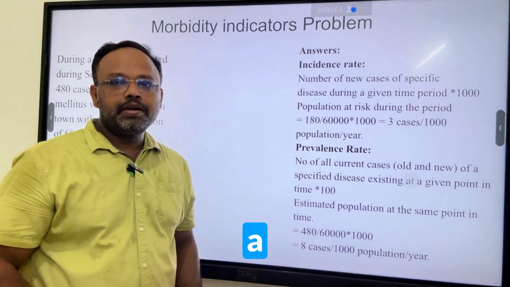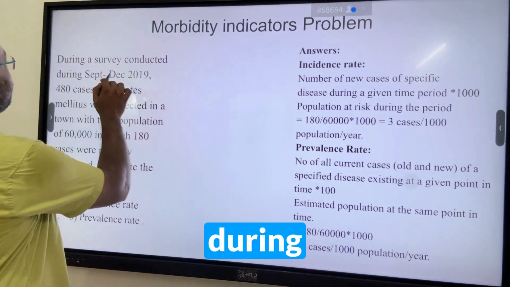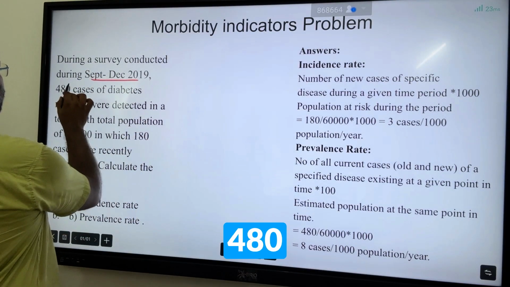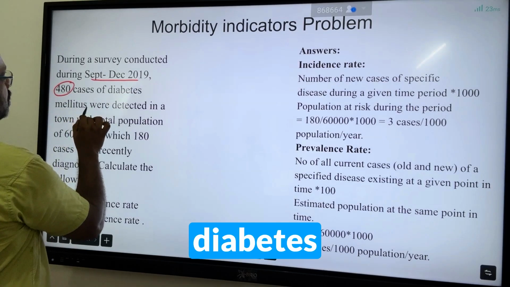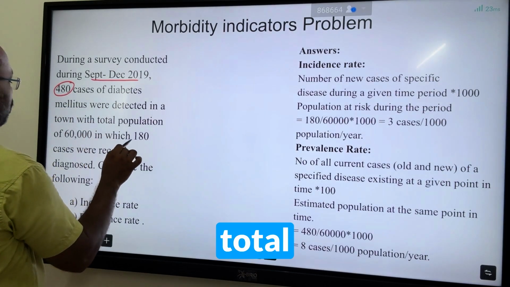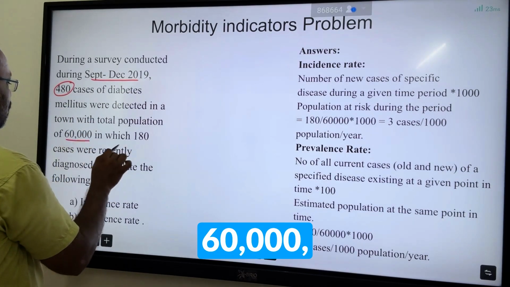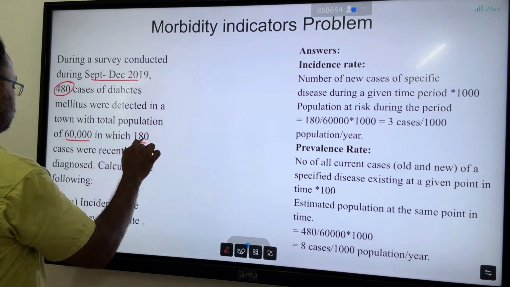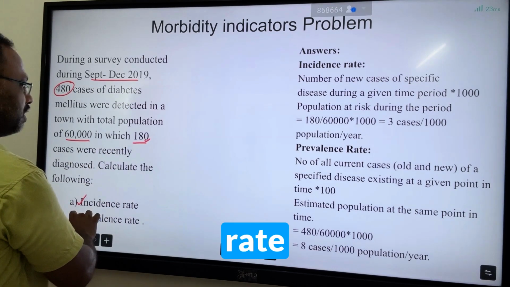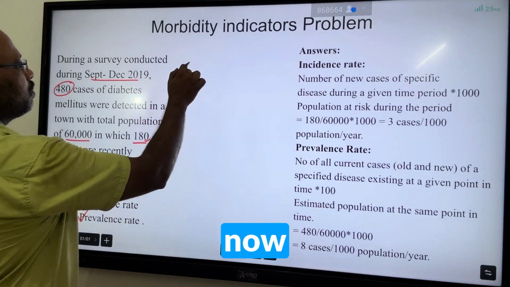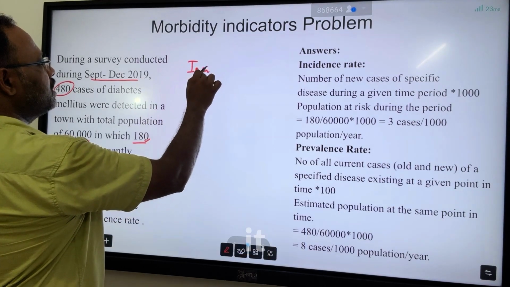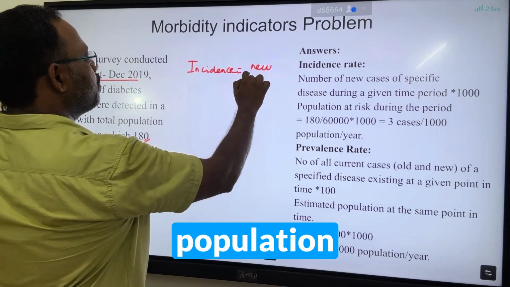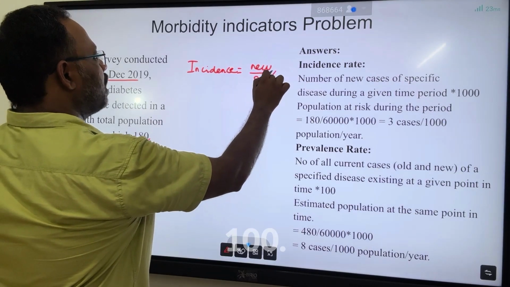Next, we work out a prevalence problem. During a survey conducted in September-December 2019, 480 cases of diabetes were detected in a town with a total population of 60,000, of which 180 cases were recently diagnosed. So calculate the following: incidence rate and prevalence rate. Now incidence is the total number of new cases divided by total population into 100.